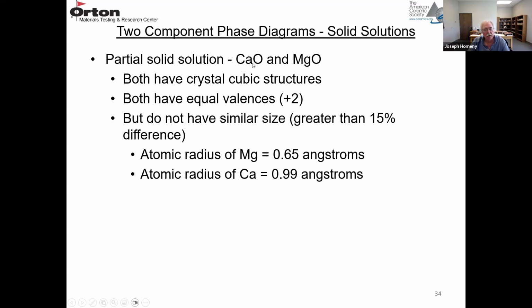They both have a charge of +2, Ca +2 and Mg +2, but now they have different sizes, with a greater than 15% difference. The atomic radius of Mg is 0.65 angstroms, but Ca is much larger, 0.99 angstroms. So that limits the amount of solid solution.